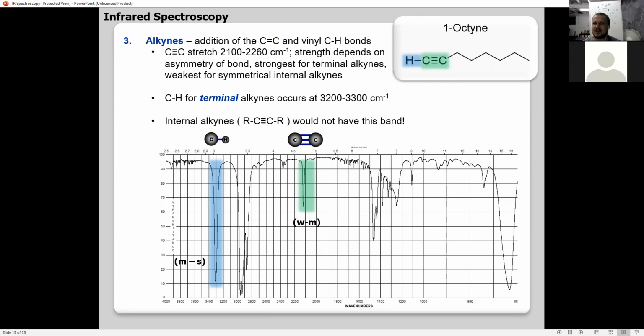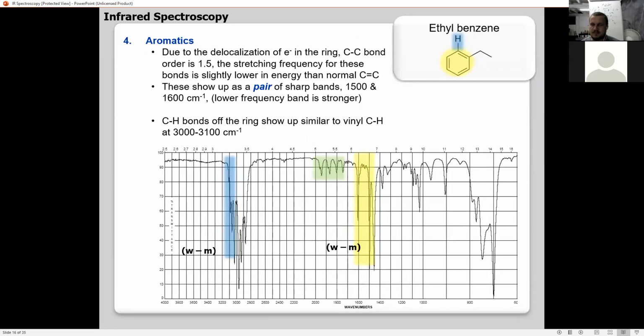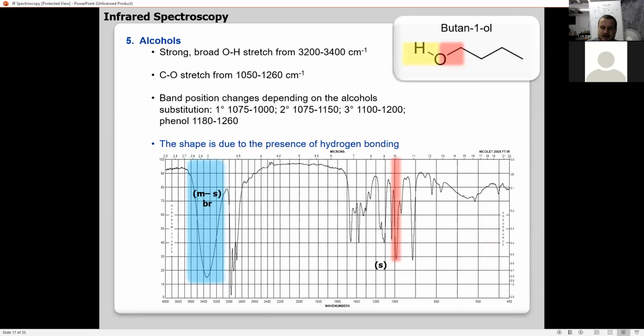I wouldn't worry too much about them. Never seen them assessed. They like to go for the more complicated ones. Aromatics have 3 carbon to carbon double bonds, which show up as this sort of peak here. But again, I don't think they're going to go for that. We'll get into the real ones.